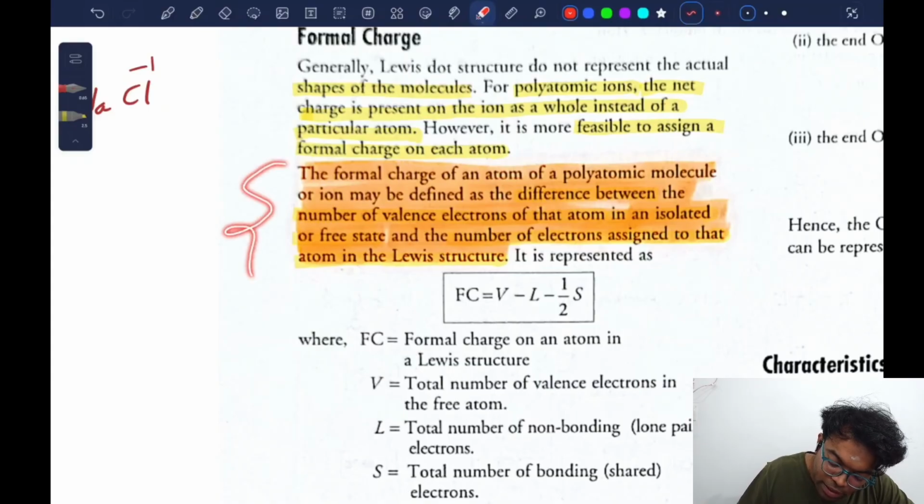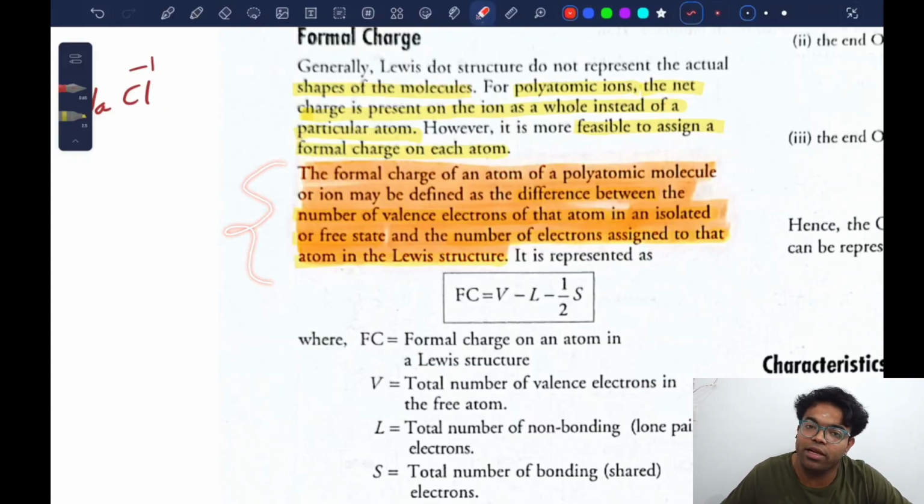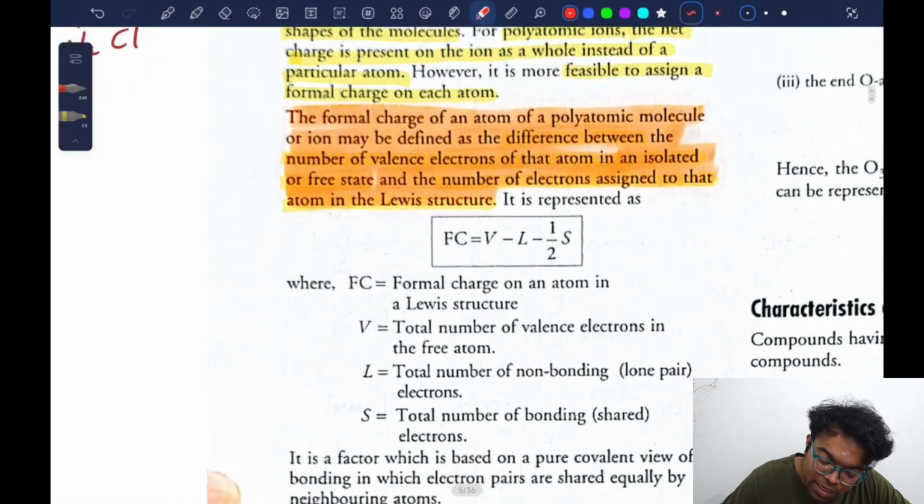So this is how we are going to calculate the formal charge.